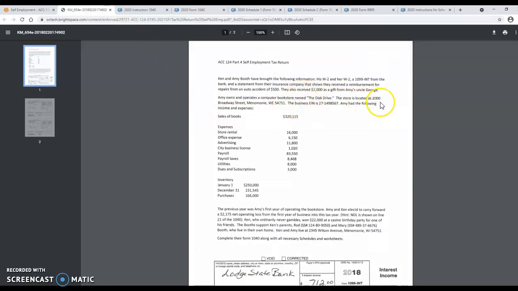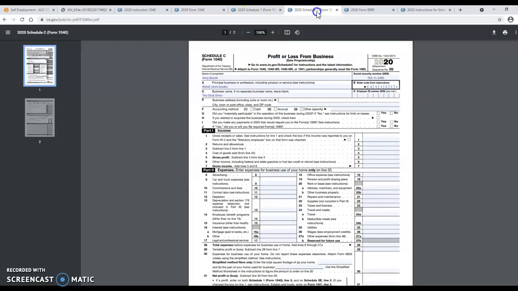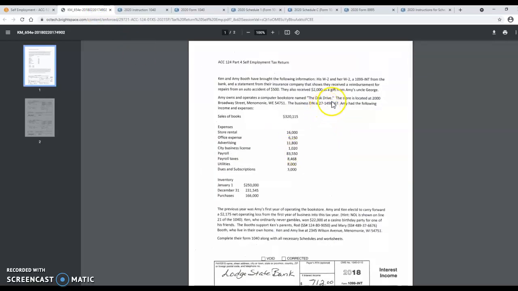Okay, 2000 Broadway Street, and that is also Wisconsin, and it is 54751.